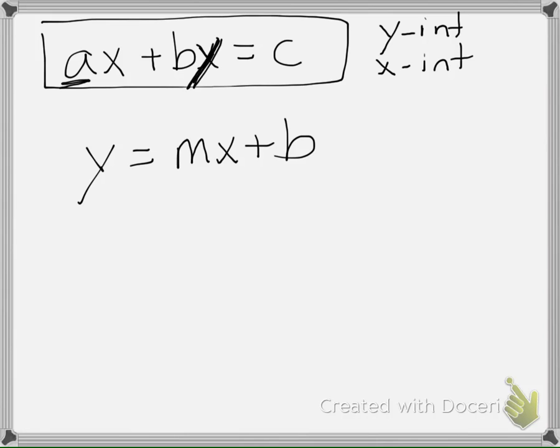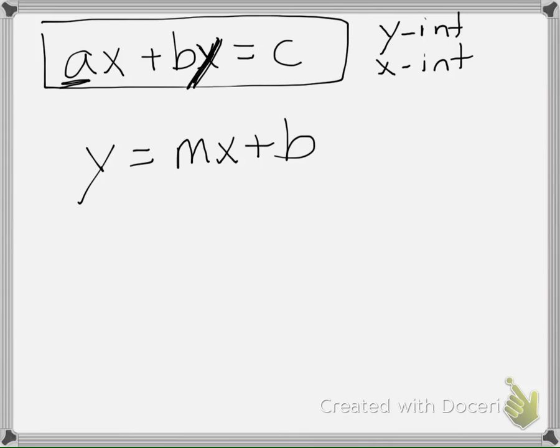So if I want to find my x-intercept, we just basically let this term go away. Because if I'm looking for my x-intercept, y is 0, so that doesn't exist. So I have a times x equals c, and then I just divide by a and find out what x is. Okay? If I'm looking for my y-intercept, then this term goes away because x is 0, and then I have by equals c.